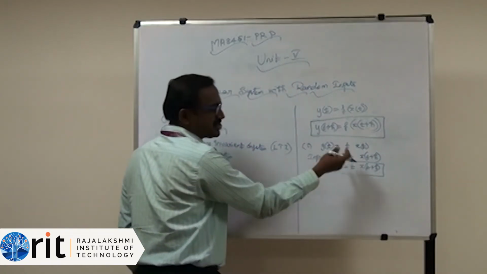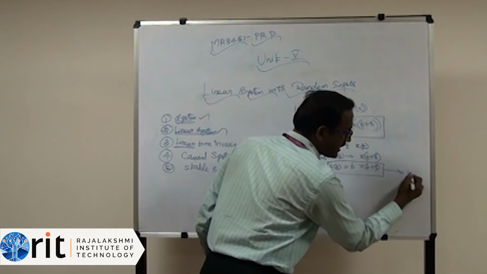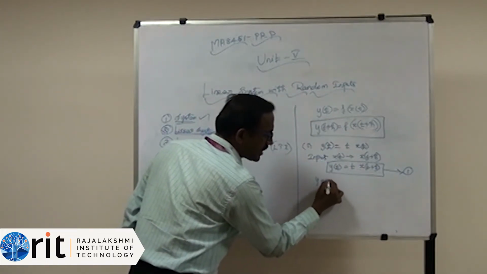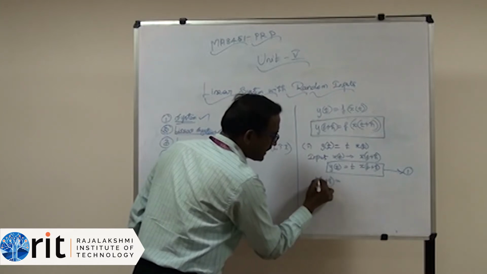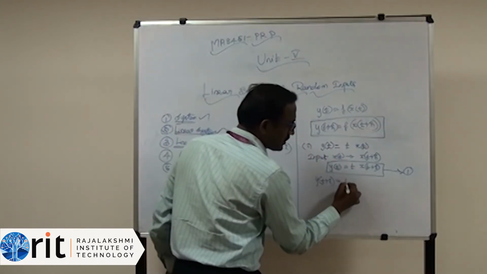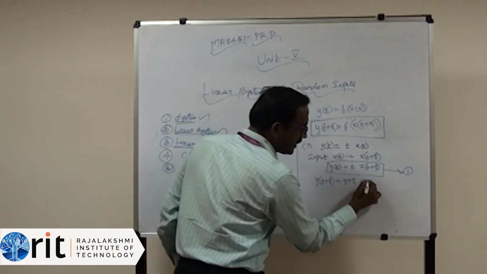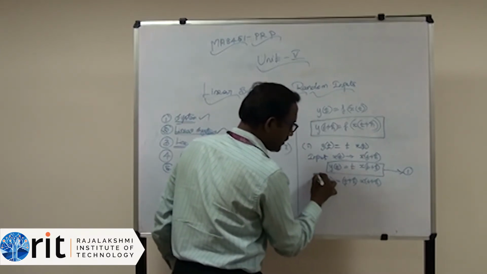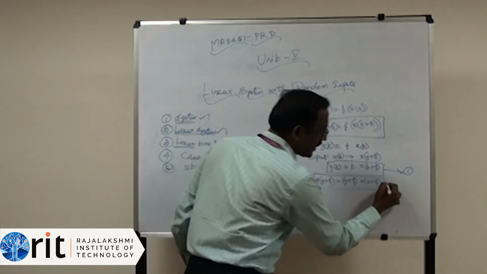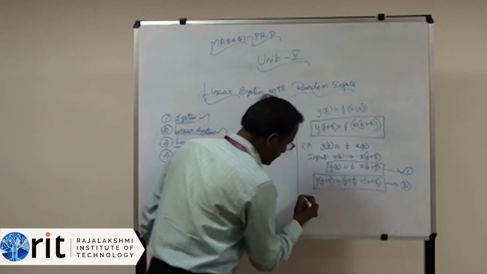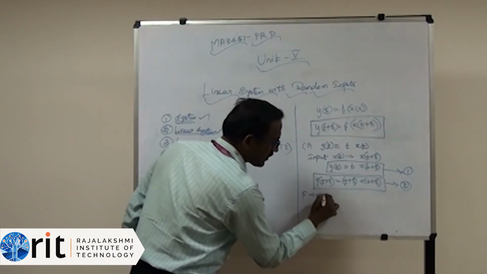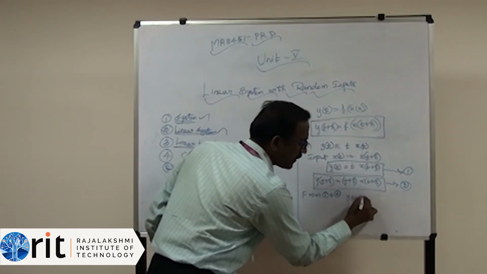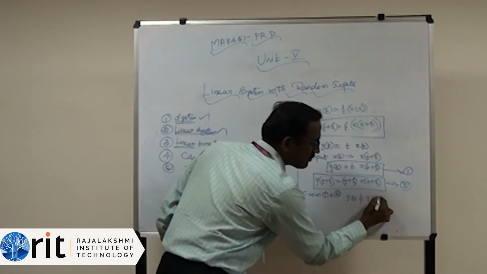When the input changes, what is the output? I take it as equation number 1. For the entire input change, y of t plus h: replace t by t plus h, so t plus h into x of t plus h. So clearly, from 1 and 2, y of t is not equal to y of t plus h.